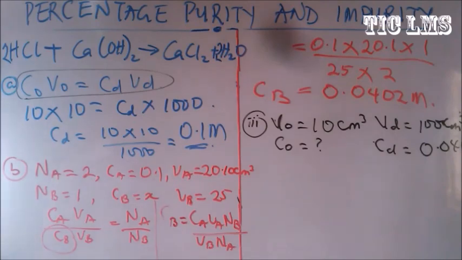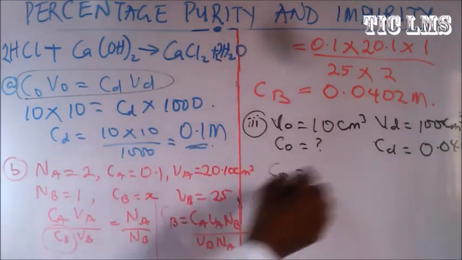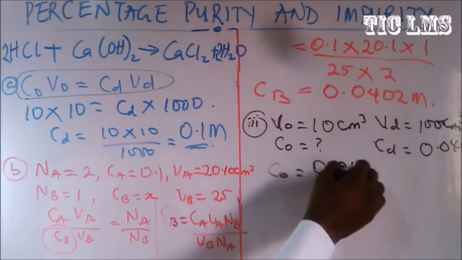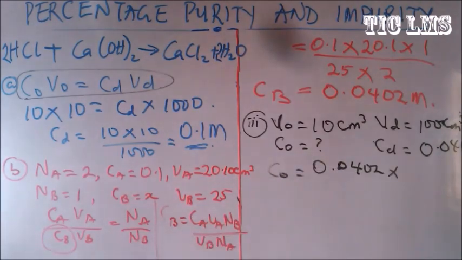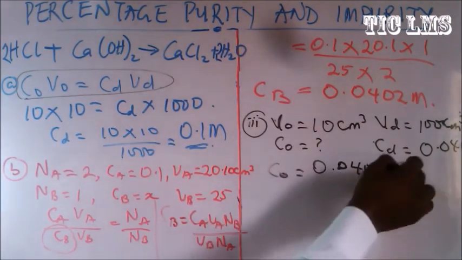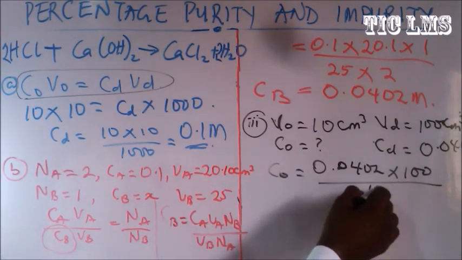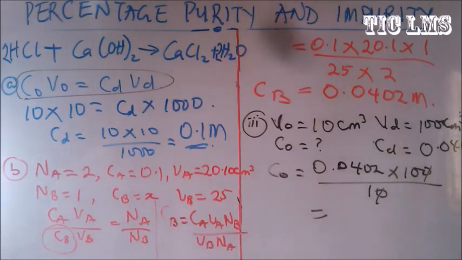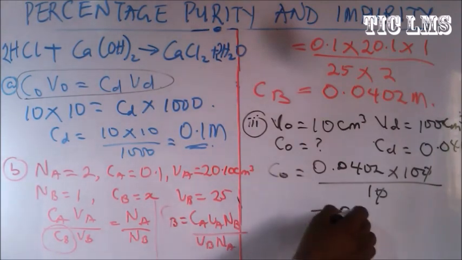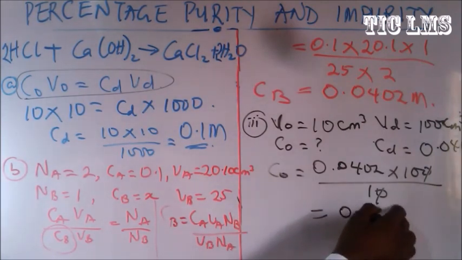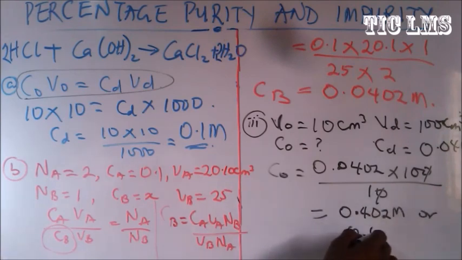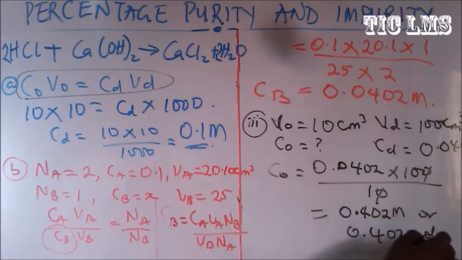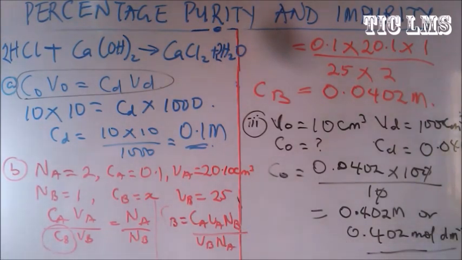Original concentration of the base will be equal to Cd, which is 0.0402, multiplied by the diluted volume over the original volume, which is 100 over 10. When we multiply all this, it produces 0.402 molar, or 0.402 mole per dm cubed. So that is the solubility of calcium hydroxide at room temperature.